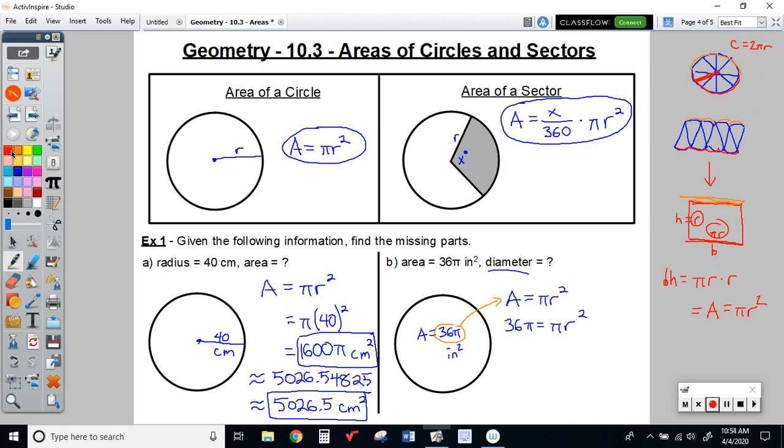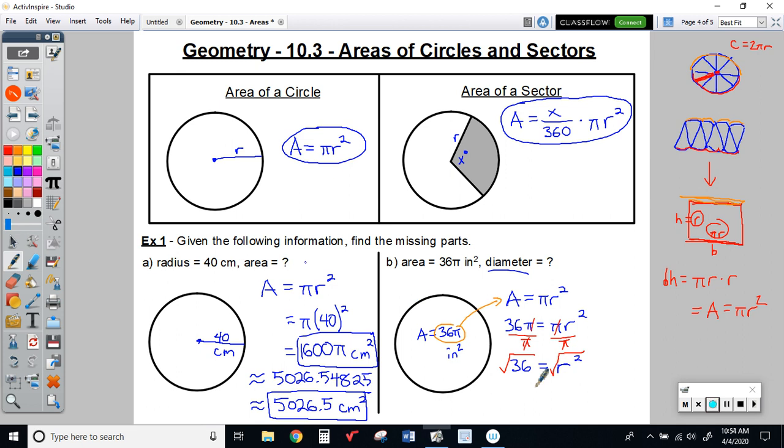But at this point now we can divide by pi on both sides. That's one step closer to getting r by itself. So that would go away, and that goes away on that side as well. So the pi's all cancel, and you've got r squared left over on the right side. And then from there, you can take the square root of both sides to get what r is.